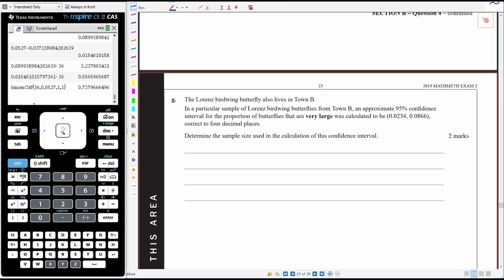Okay, so the first thing is to recognize that P is going to be the center of that confidence interval.